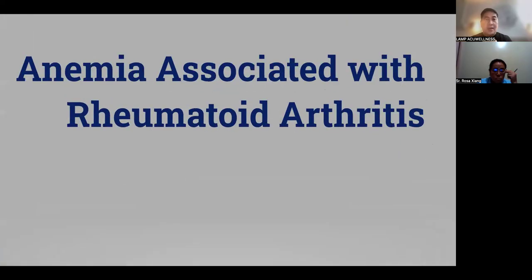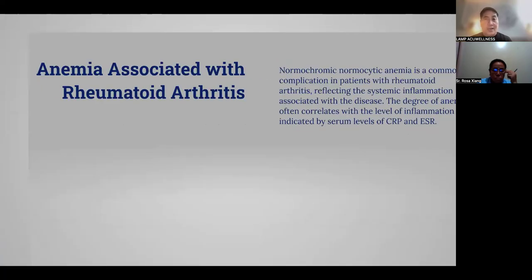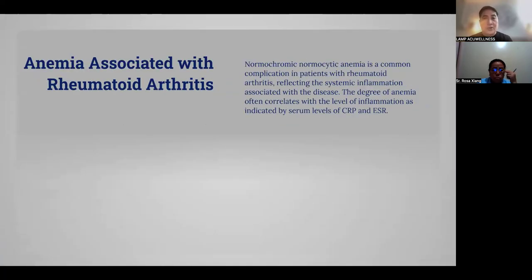Okay? Anemia associated with RA. So normochromic normocytic anemia is a common complication. The degree of anemia often correlates with the level of inflammation. So usually patients with RA are followed up by regular serum levels of CRP, C-reactive protein, and erythrocyte sedimentation rate, ESR.